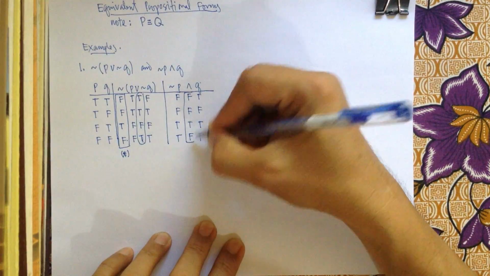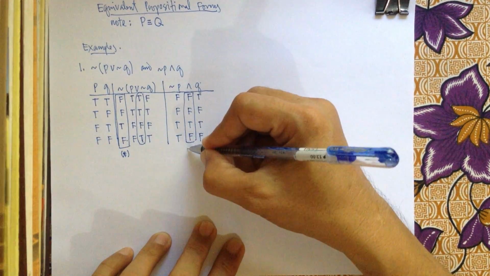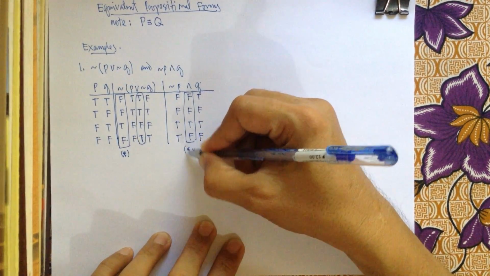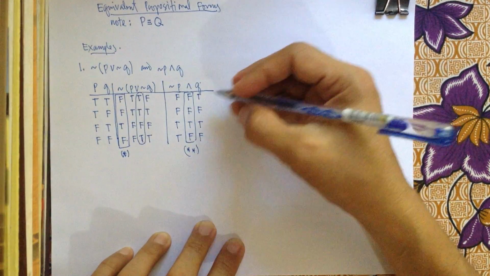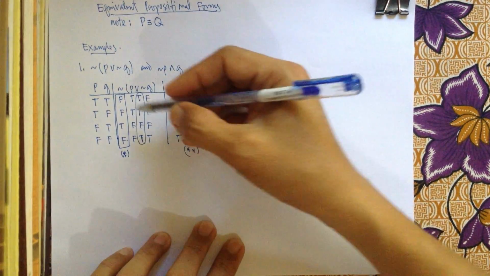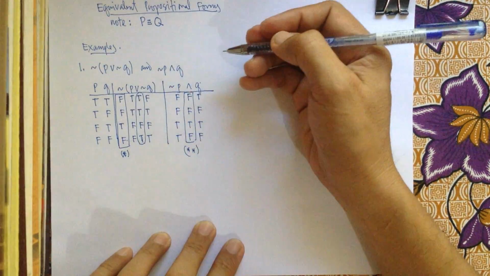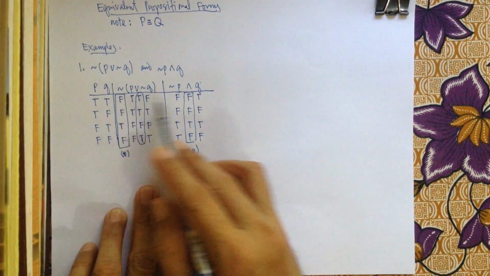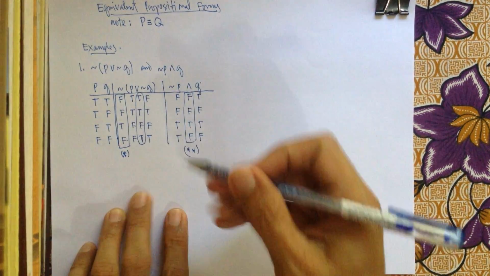Let's mark this and compare it with our truth table for the first statement. We can see that they are identical.